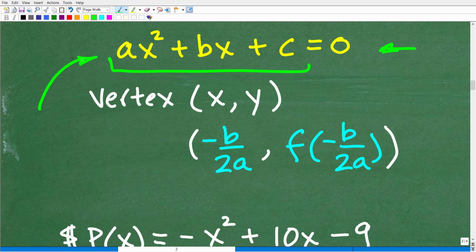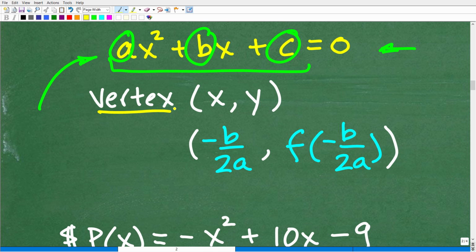This is the form you need to be in to use the quadratic formula, and the a, b, and c amounts are the same as when you use the quadratic formula. If you're not familiar with the quadratic formula, you really do need some extra help in algebra, and I'll give you some suggestions on how to learn more in just a second. But let's talk about how to find the vertex.